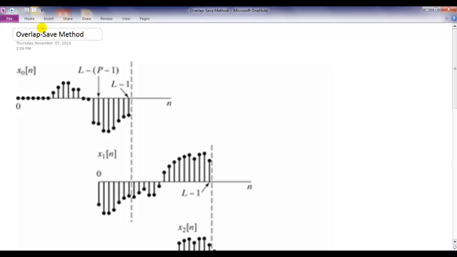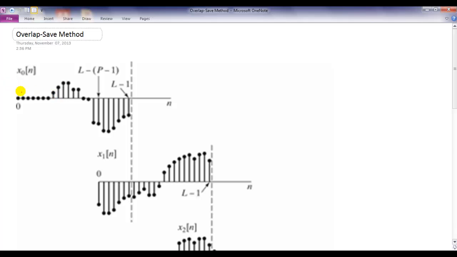So this is an example where we have the same signal that we had for overlap add. But whereas there we started out taking samples at the 0 location, in here we start a little bit behind that. We go P minus 1 samples back.